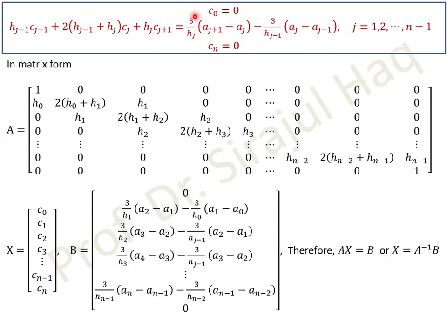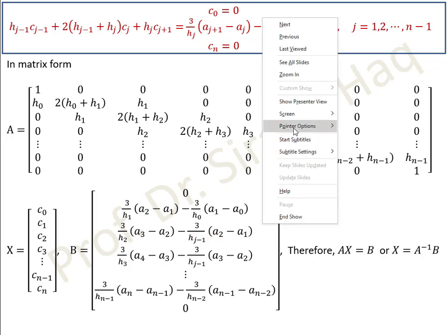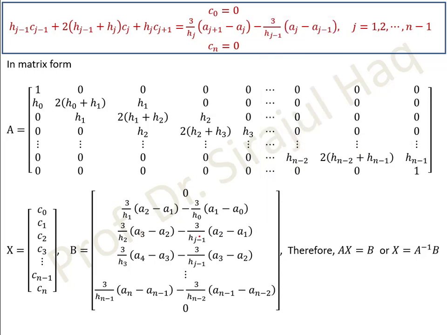So when we substitute, 3 divided by h2, a3 minus a2, minus 3 divided by h1, multiplied by a2 minus a1.